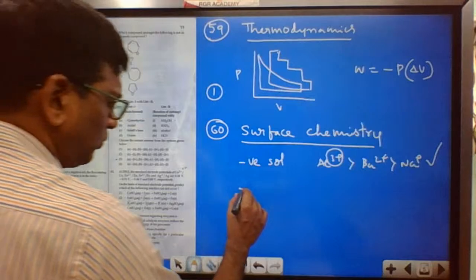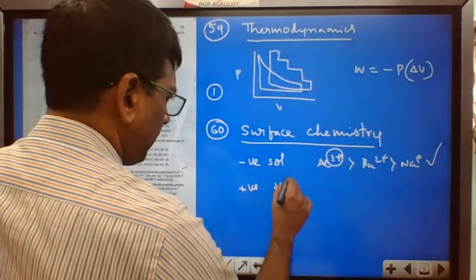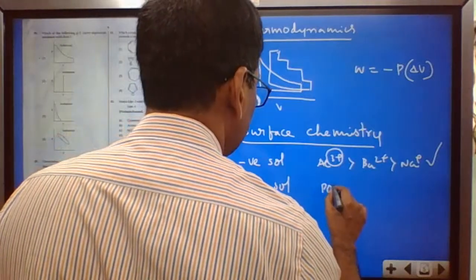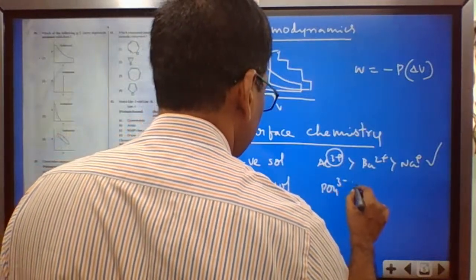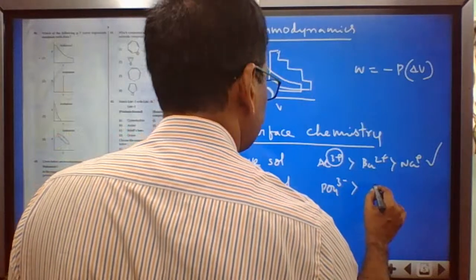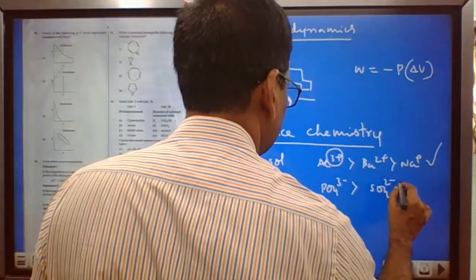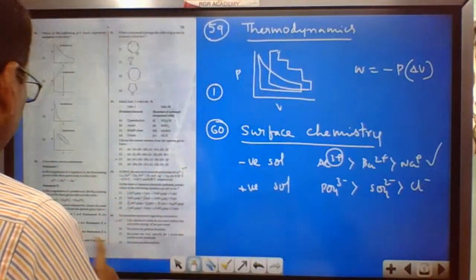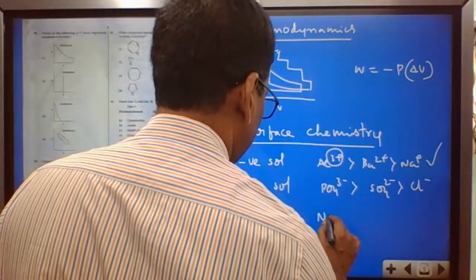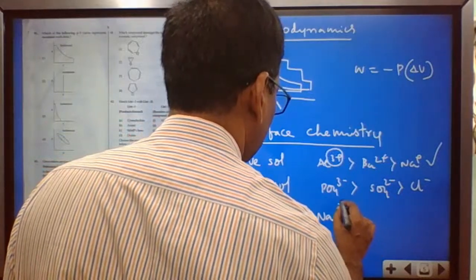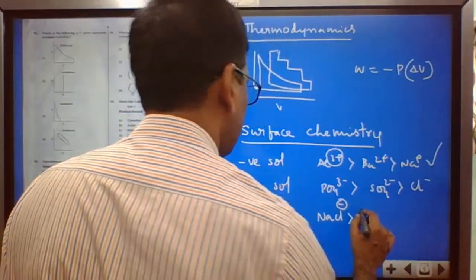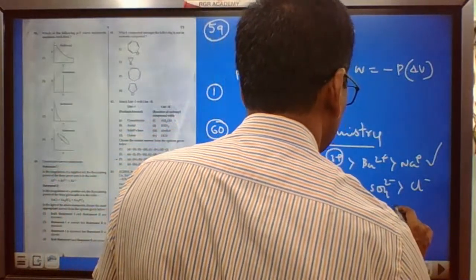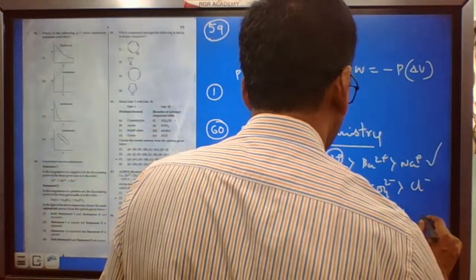Whereas for a positive sol, the anion should have more negative charge. This is the correct order as per the Hardy-Schulze law, but they gave the reverse. In the examination they gave Cl minus and Na2SO4, which is 2 minus, in this order.